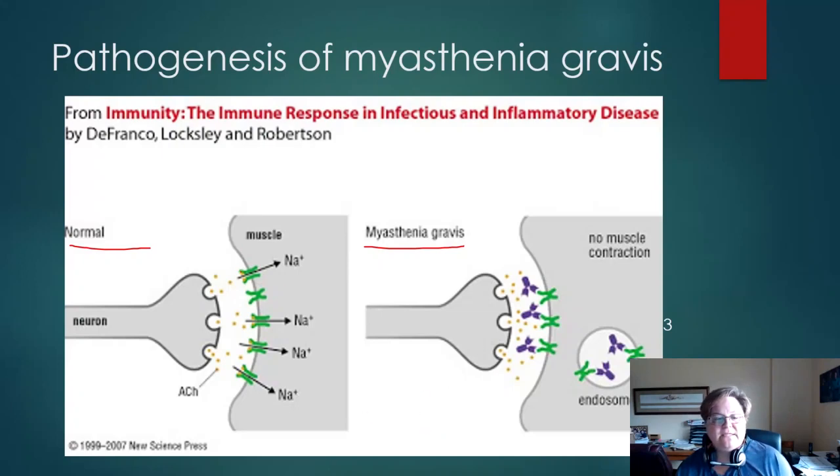So we still have the same sodium-potassium pump here, but in this image we have antigens that are presenting and then moving into the muscle cells, and that causes poor muscle contractions or no muscle contractions.